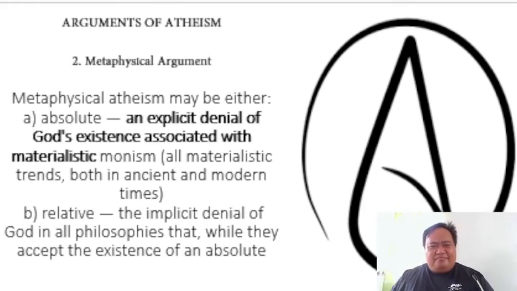Absolute yan. Talagang dinideny nila. Dalawa yan eh. Yung isa is yung relative metaphysical atheist. Implicit, they have this knowledge. Implicit denial of a particular concept of God based on incongruity.